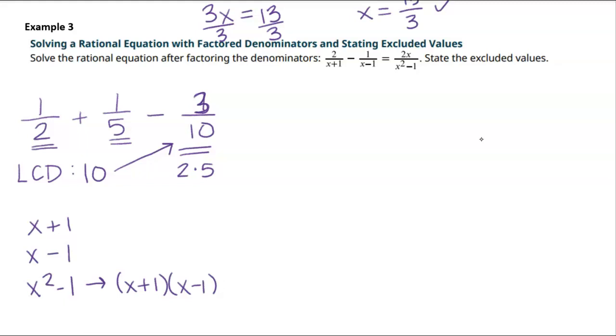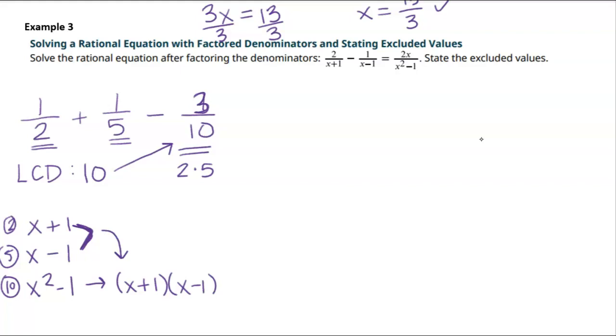It's almost like this is my 2, this is my 5, and the multiplication of the two other denominators gets me the other one, if you think about this back in this equation here.